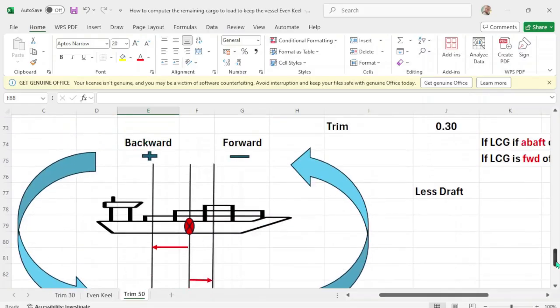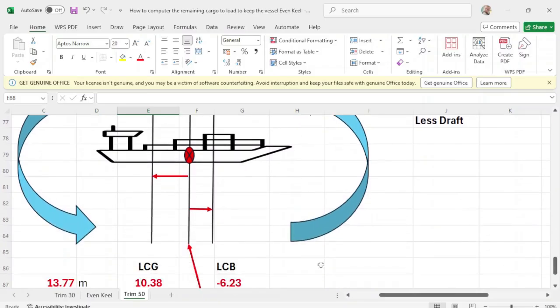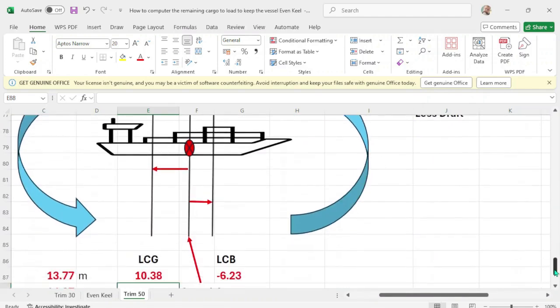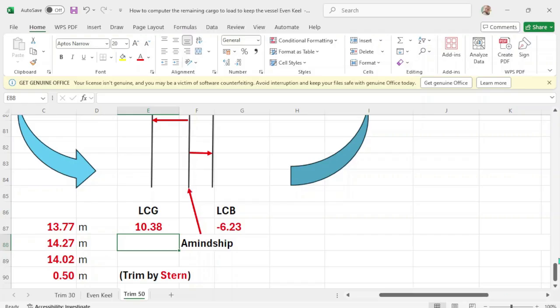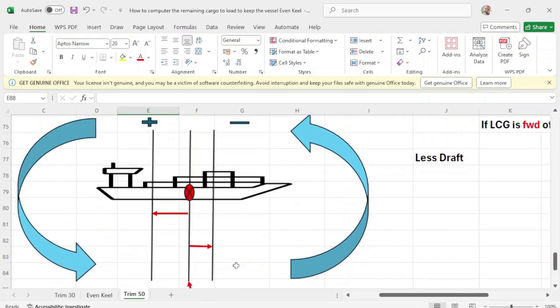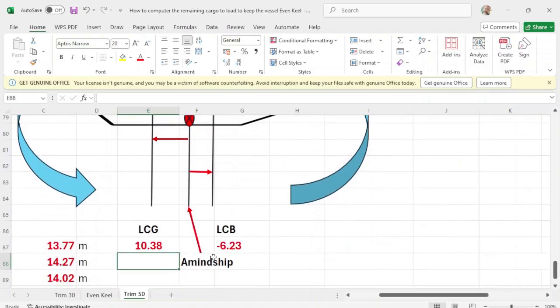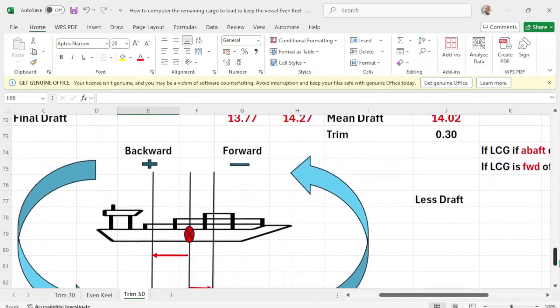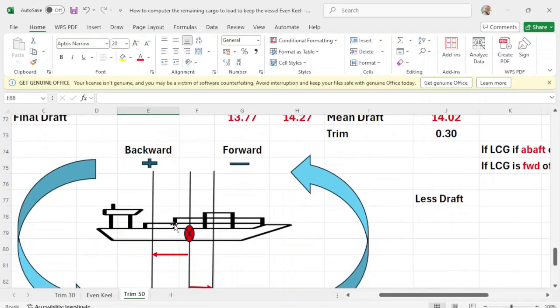Okay, look guys, if this is your amidship, the center line, and you have your bow here. So your LCG is 10.38, so it is positive, and the up part of your vessel is positive, so you measure from amidship going backward 10.38.